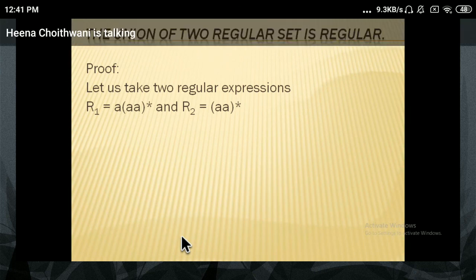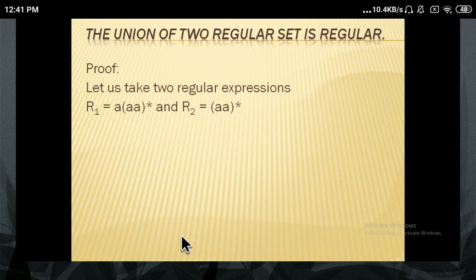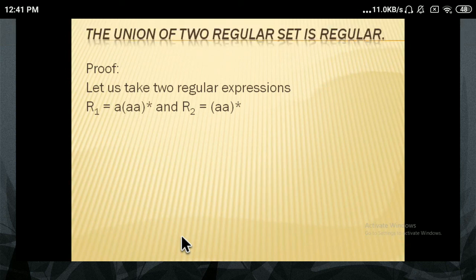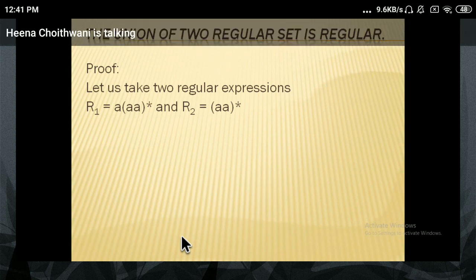I got one answer from Sanjay. Yes. How do we represent all possible strings of A of any length? A star. And we have already ruled that A star is a regular expression. So hence proved. Can we write hence proved now?